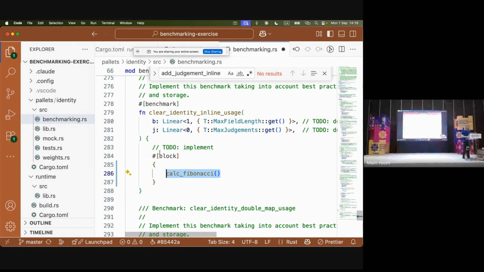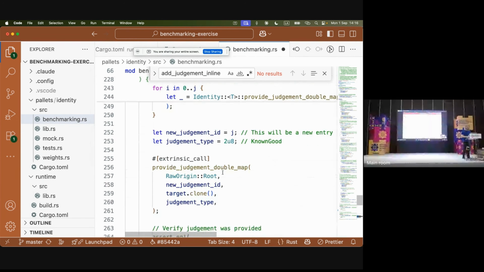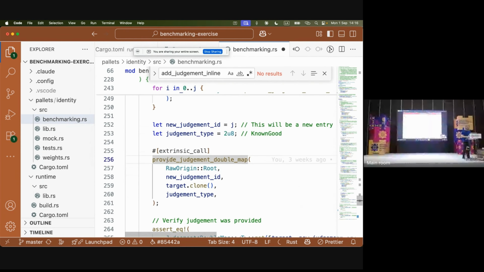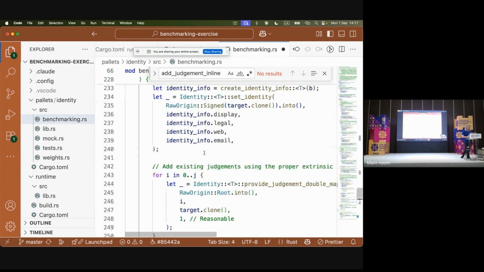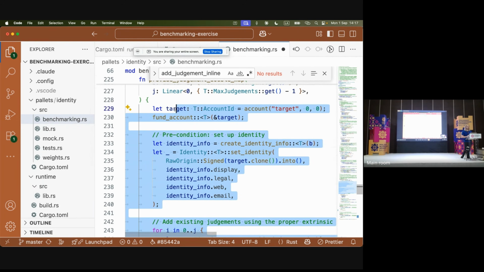The one that has block will only benchmark what's inside the block. The one that has extrinsic call, which is presumably what you want to use, I only put the block there to make it compile. This one will only benchmark what's under the extrinsic call tag macro thing. So any code here will not be measured. This is just setup.